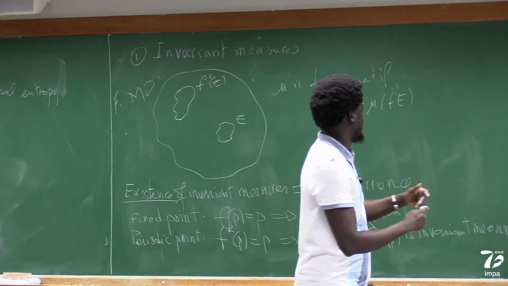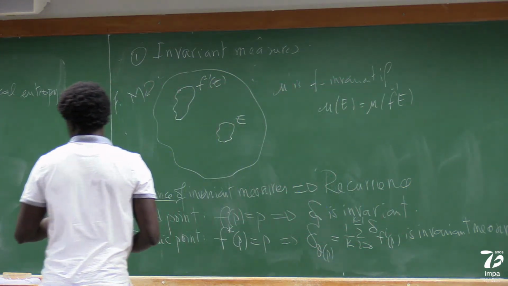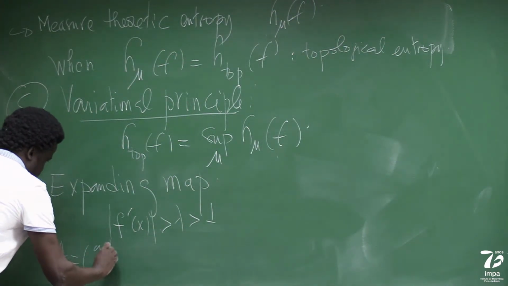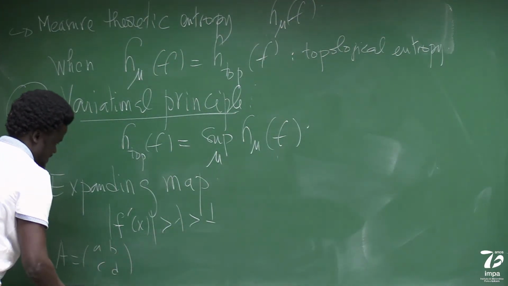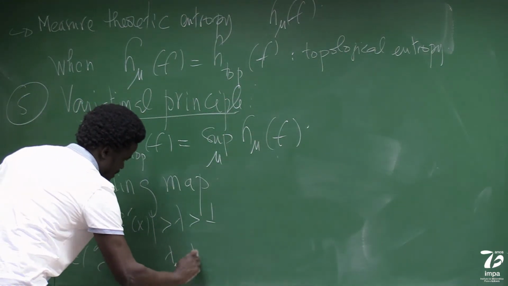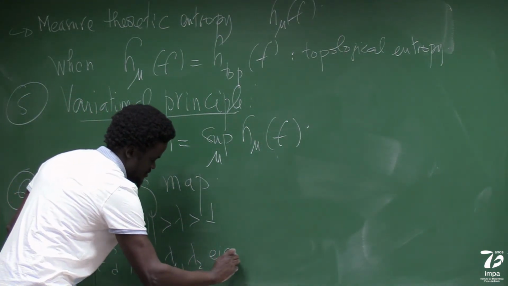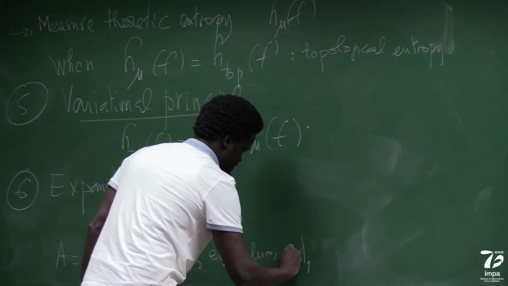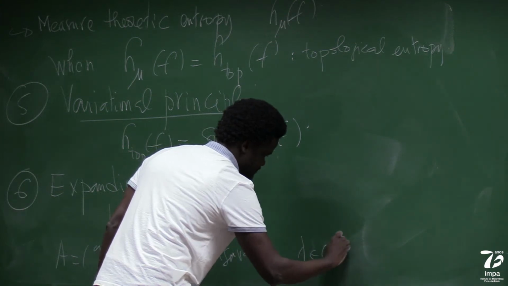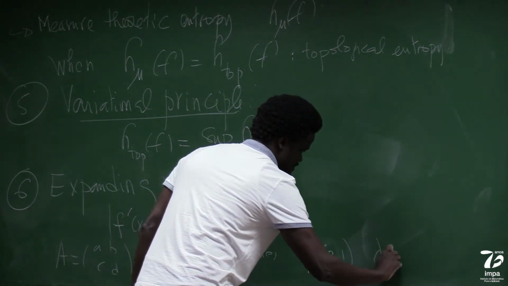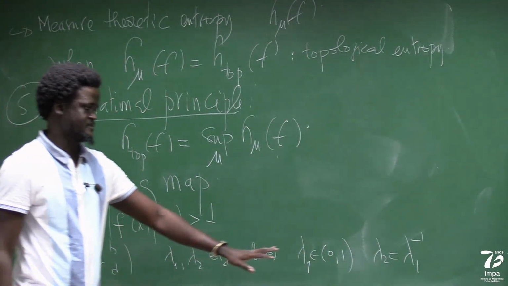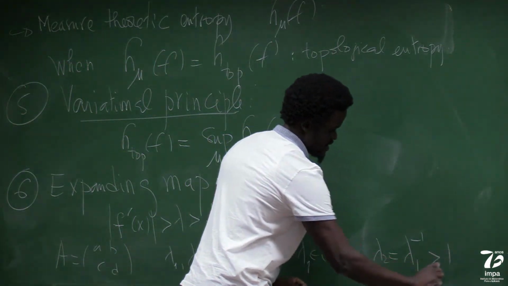I'm just saying that if you have a matrix, let's say A, B, C, D, with eigenvalues lambda 1 and lambda 2, where lambda 1 is in (0, 1) and, just to be simple, lambda 2 is lambda 1 to the minus 1. So one is bigger than 1, and one is less than 1.